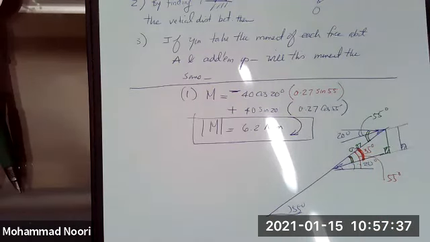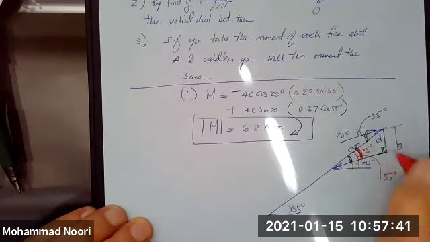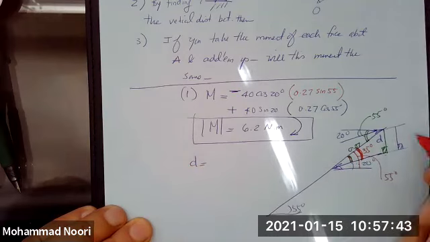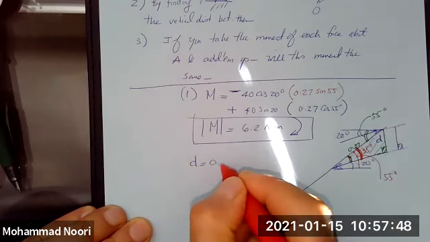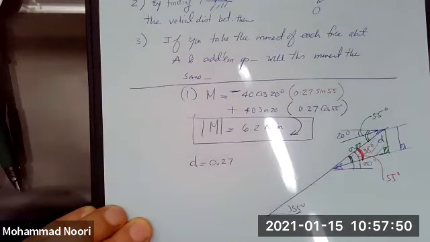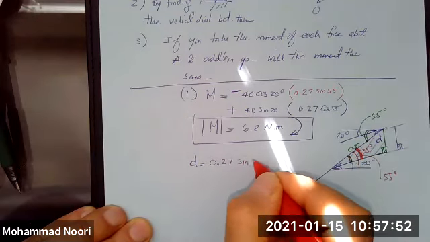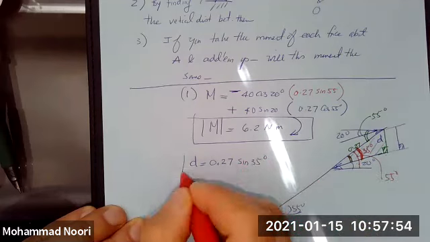Can you see that? So this height, D, in this triangle would be 0.27 sine of 35.